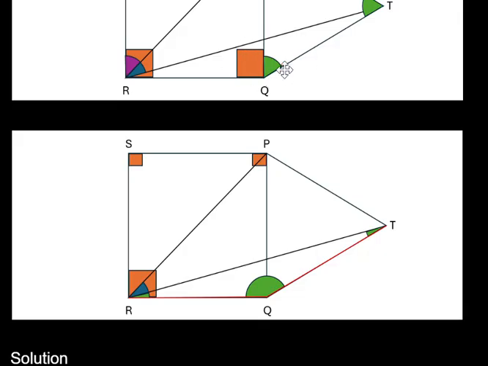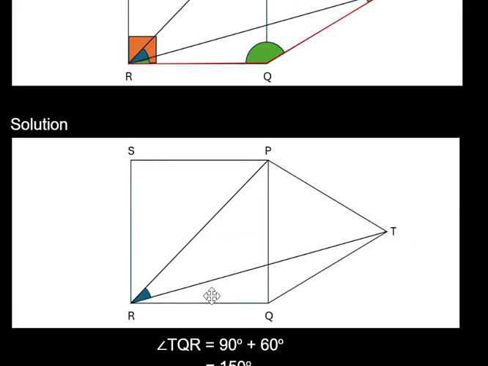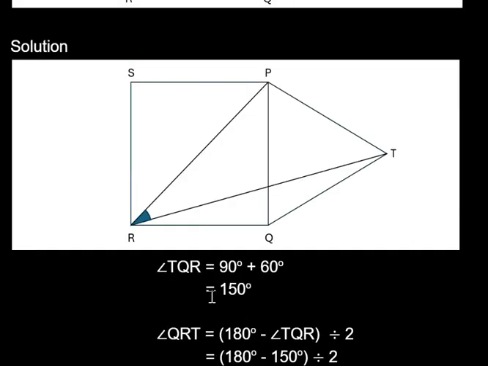We know that this big angle TQR is 90 plus 60. I take 180 minus this, divide by 2, I will get these two smaller angles. And that is enough information for me to find my answer. Now let's solve the solution.